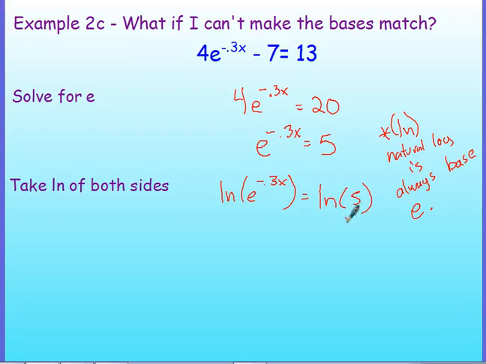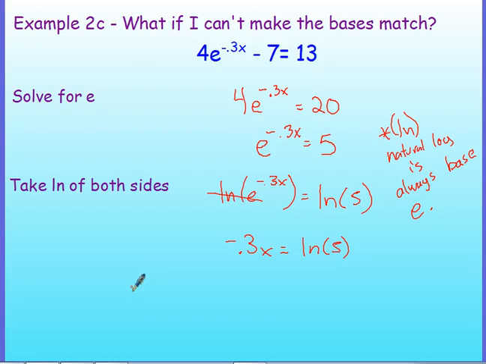Now what's going to happen to these? They're going to cancel because this has base e and this is base e. So when you take a logarithm of the same base, they will cancel. So here's what I have: negative 0.3x equals the natural log of 5.